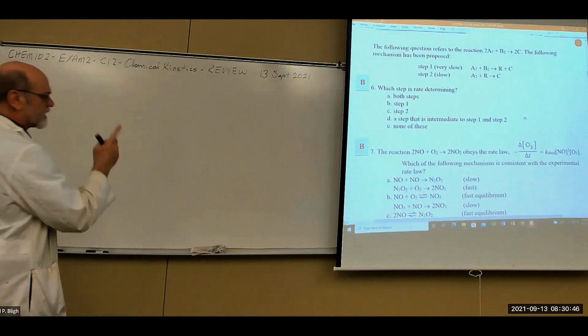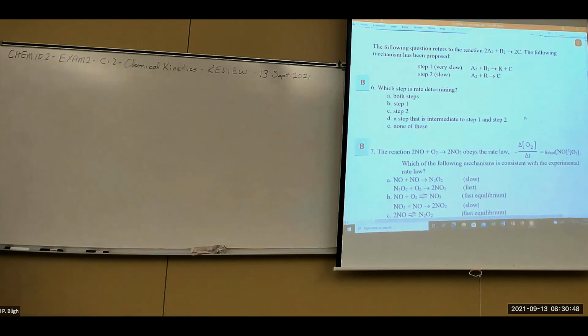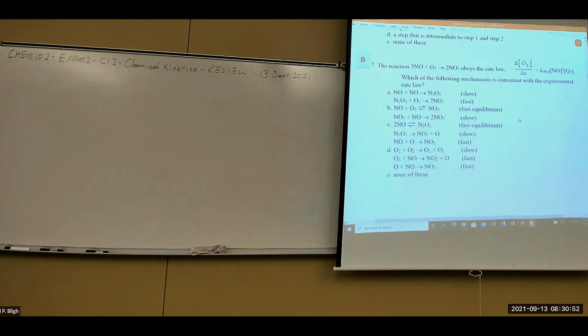Okay, that was 6. Let's see, we're going to do 7. I got it marked. Let's see if we can tackle this one, make sense of it. Yeah, this one's going to take some doing.